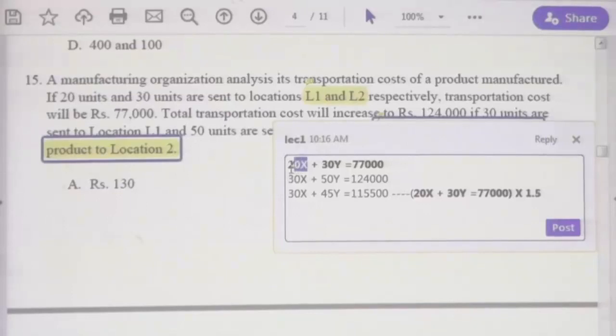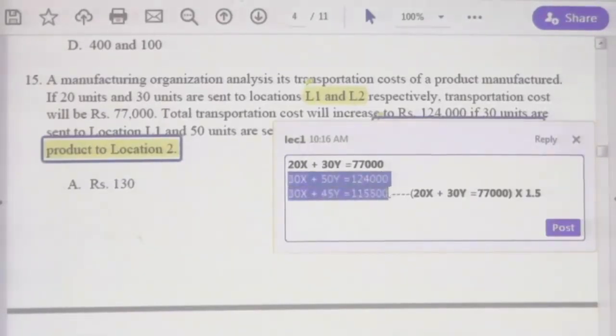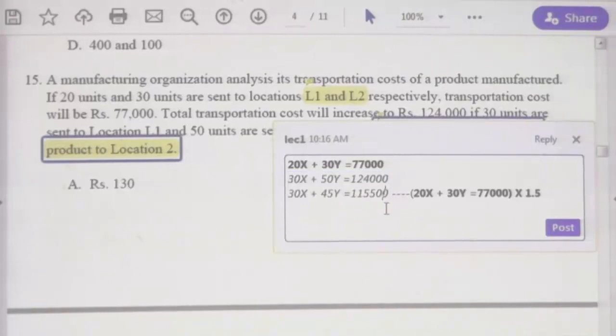Therefore, I need to eliminate x from these two formulas. 20 needs to be multiplied by 1.5 to have the 30. Therefore, the entire formula has been multiplied by 1.5. Now, we have the two formulas for the simultaneous equation like this, right. Now, once you eliminate these two, that will be 0.